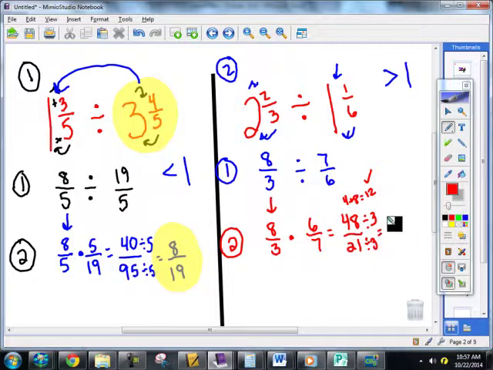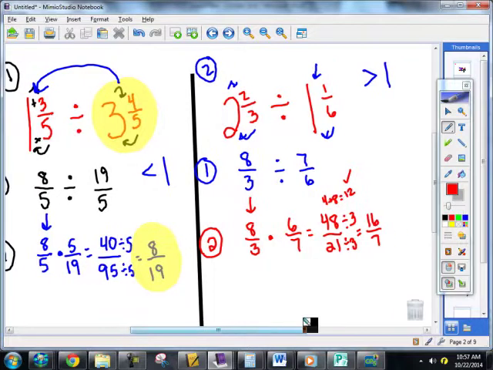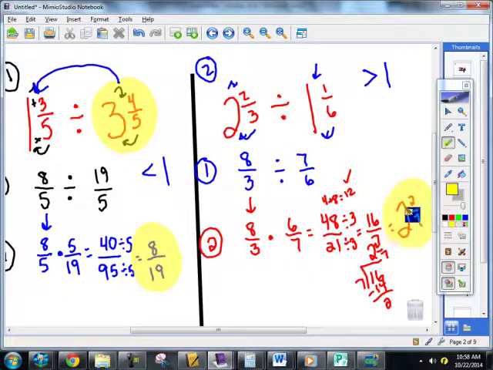Okay, and I'm going to end up getting 16 over 7. Now I'm going to convert that to a mixed number because we always have to. 16 over 7 would be 2 and remainder 2/7. So this is 2 and 2/7, which I go back to what I said initially, that my answer had to be greater than 1, and I say, yep, I see that it is. Okay. Hopefully you're getting these right.